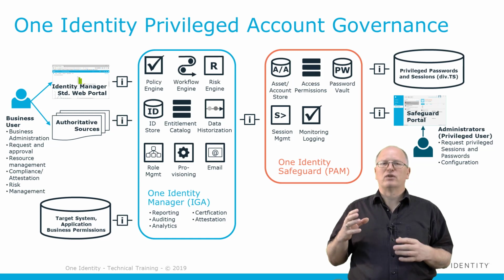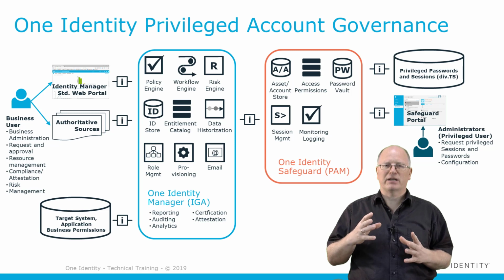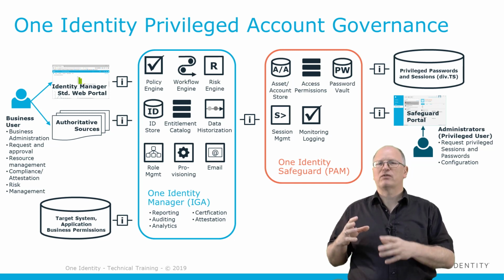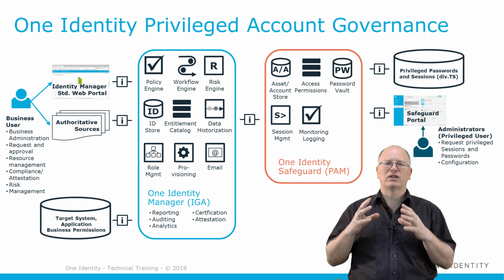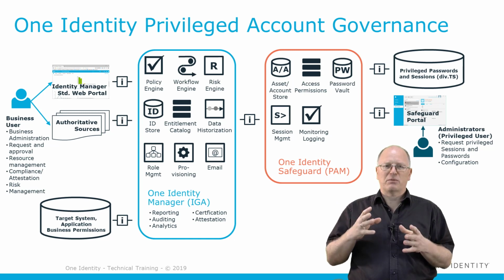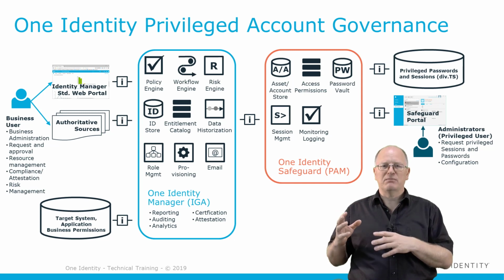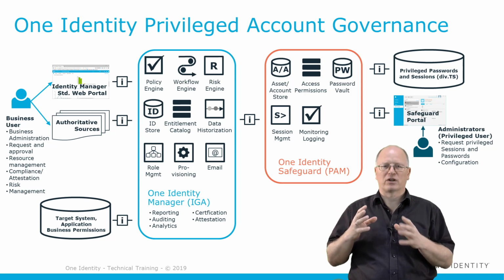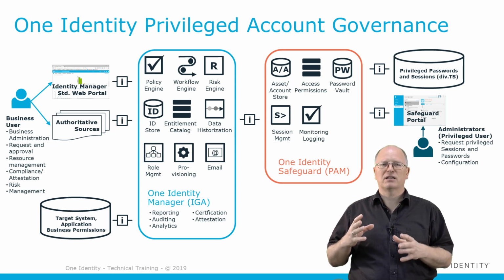Is this something that then replaces Safeguard? No, of course not, because the Identity Manager is an identity and access governance tool, and Safeguard is a privileged account management tool. These are two different tools, just as Identity Manager will never replace SAP, because the purposes of both tools are completely different. But what is possible is that you connect both worlds together and then can use data from one world in the other.